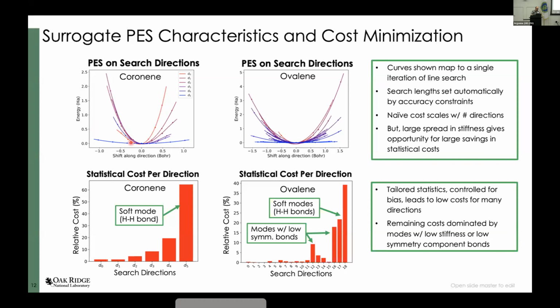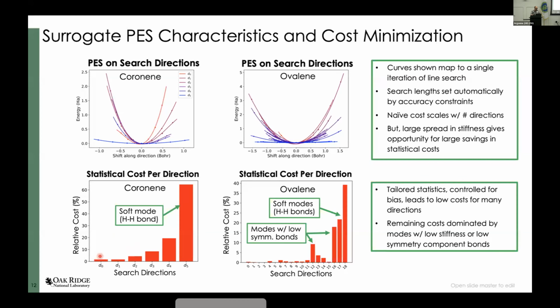So what does that mean for the line search? What I'm showing below is a bar graph of the statistical cost per direction that's been optimized internally, automatically by the method through that correlated sampling approach that I explained before.